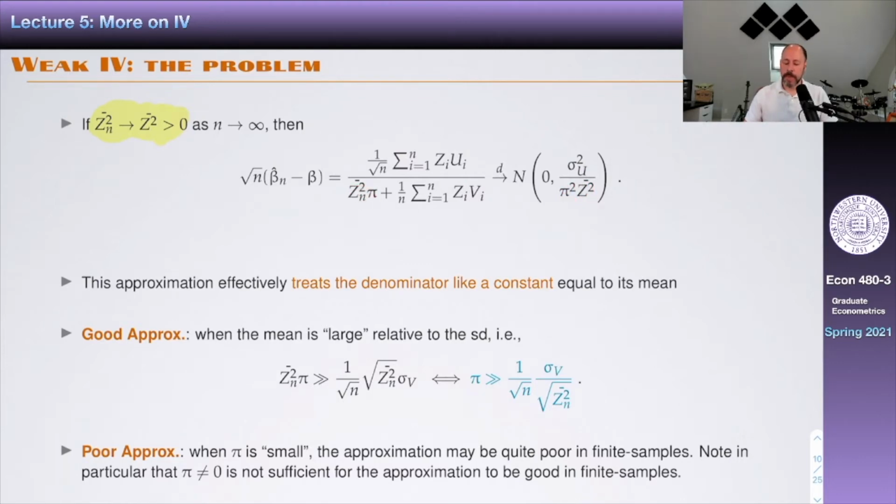And so what this is doing, if you look, is that this is the mean of the random variable W2 that we had before, and this is the term that determines the variance.